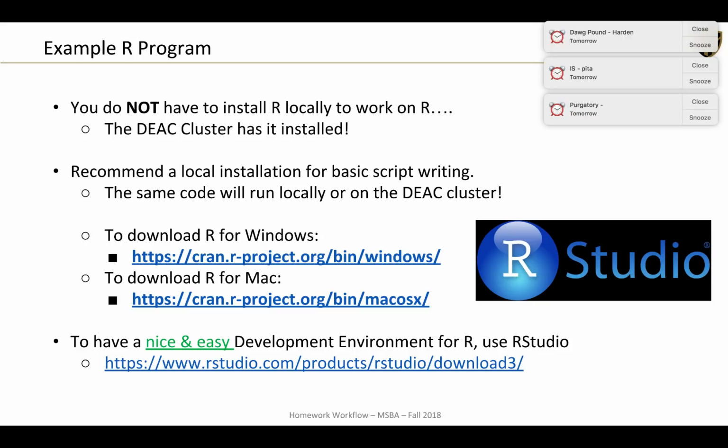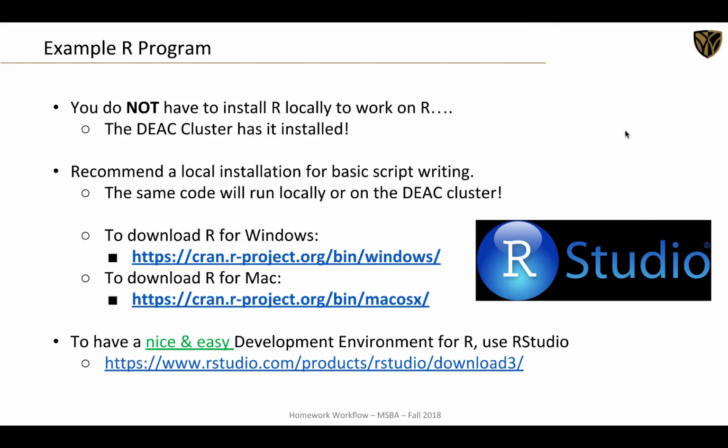The same code you write locally, regardless of operating system, will run on the DEAC cluster on Mac, Linux, or Windows. If interested, follow either link provided to download and install R locally to your system. Additionally, RStudio is an available application that provides a nice and easy development environment for R. It can be downloaded and installed to your local system as well.